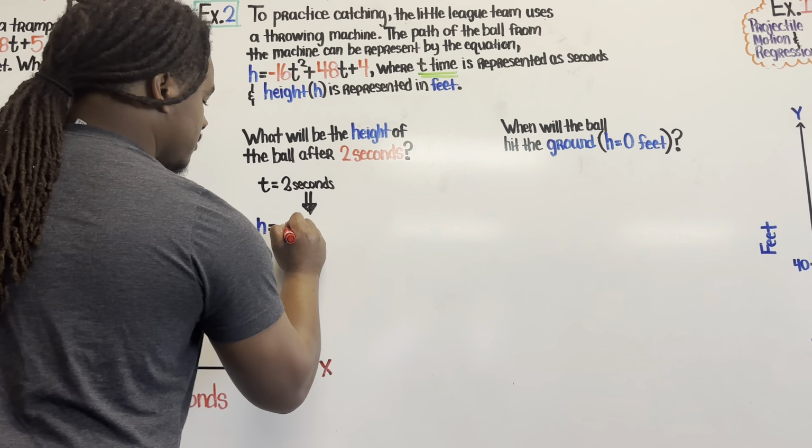Plus 48 times 2 is 96. And then, of course, we still have that plus 4. So now I just need to add these numbers up. I have negative 64 plus 96 plus 4 equals 36. So the height after 2 seconds is 36 feet.